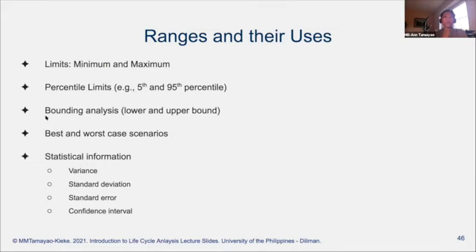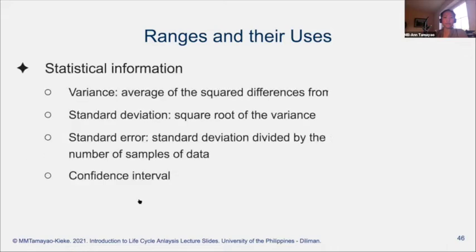And then you have, of course, statistical information. You can have your variance, standard deviation, standard error, and your confidence interval. Variance, standard deviation, and standard error are measures of dispersion, and then the confidence interval tells how likely it is that your interval contains the true mean of the population.